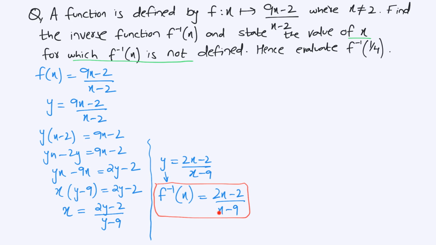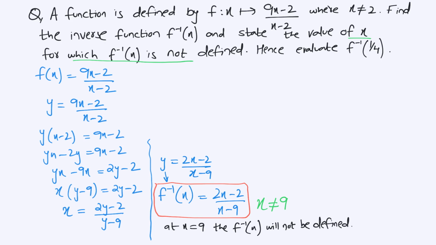The denominator can have any real value of x, except 9, because when you insert 9 over here, the denominator would become 0. Therefore you can say that x cannot have a value of 9. So at x equals 9, the f inverse of x function will not be defined.